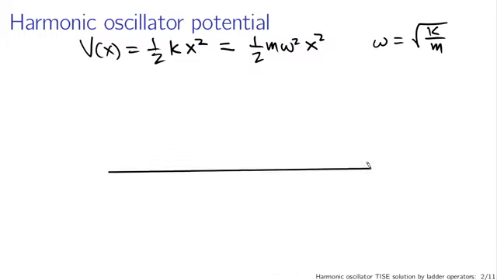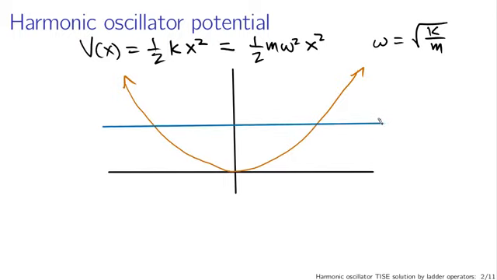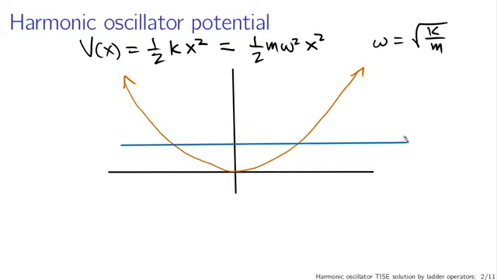What this looks like, if I plot it, is a parabola. Not the world's prettiest parabola, but you get the idea. And we know a little bit about what solutions to the Schrodinger equation should look like under circumstances like this. Let me draw this a little lower so I have room. If I have some energy E in this combined energy wave function axis, making a diagram of what the wave function looks like, if I start my wave function here, in this region the energy is above the potential, so the Schrodinger equation solutions have to curve downwards.